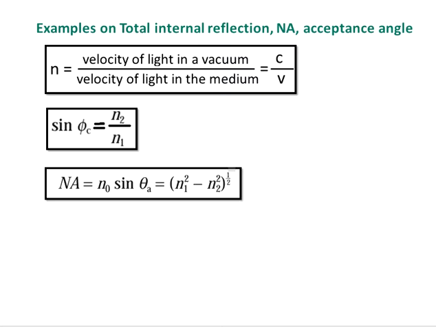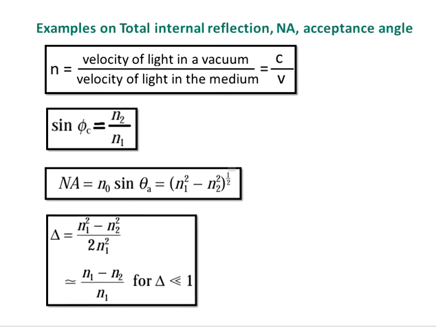Then we define what is numerical aperture, that is n0 sin of theta A, which is also given by (n1 square minus n2 square) raised to 1 by 2. We can express delta, that is the relative refractive index difference, as delta equal to (n1 square minus n2 square) upon 2 n1 square.